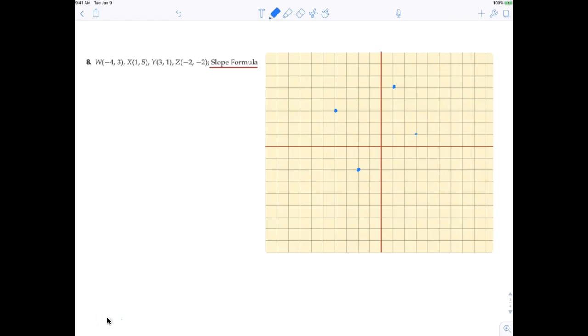It doesn't look right. -2, -2, 3, 1. 1, 1, 2, 3, 4, 5. Yeah. That's right, it just didn't look like it. So right off the bat, is it a rectangle? No. I mean, we can just pretty much look at it and tell.